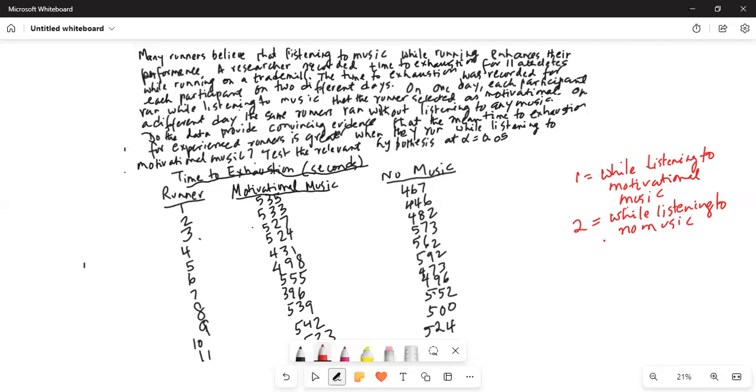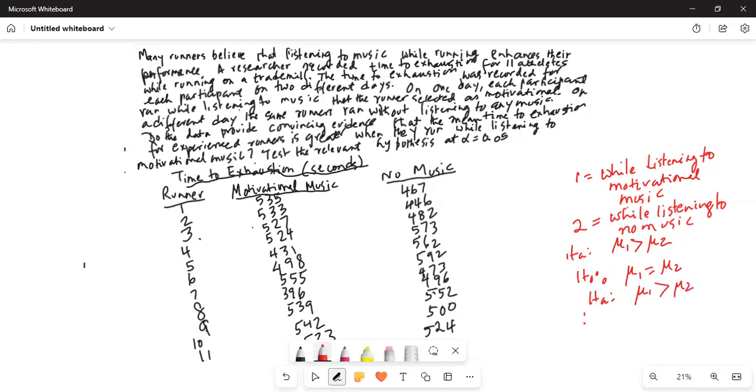So what we are basically testing is mu1 greater than mu2. That's our alternate hypothesis. We can write the null hypothesis as mu1 equal to mu2, and the alternate is mu1 greater than mu2.